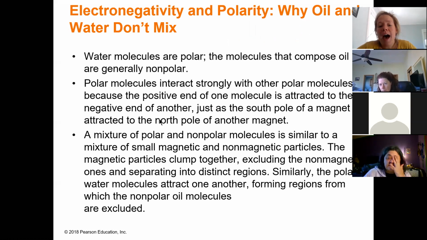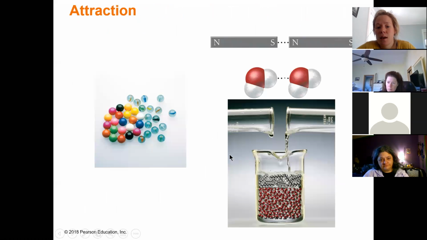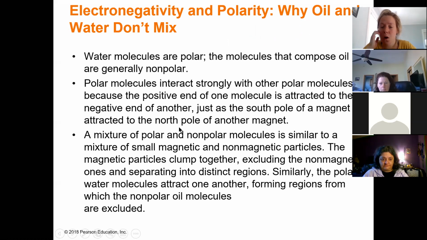So that positive and negative attraction, you can think of it like a magnet, where if I threw a bunch of sand and a bunch of magnets together in, I don't know if they have a drawing of it. I guess they don't. But if I took a bunch of magnets and sand and threw them together in a beaker, what would happen to all the little magnet flecks? All the little magnet flecks would eventually clump together, right? And it would push the sand out.